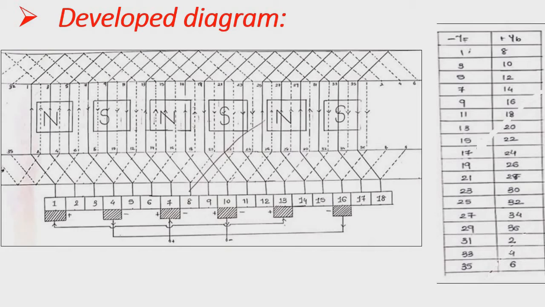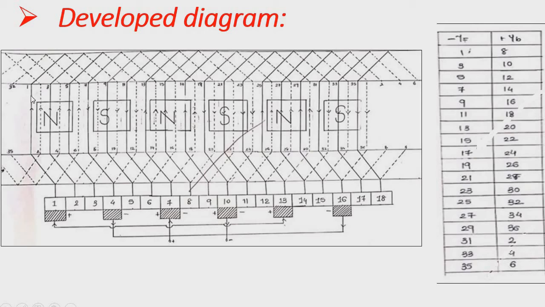So now this is the winding diagram. First of all we have to draw all the 36 conductors. We know that here a total of 18 coils are there. So there are 18 front conductors and 18 back conductors.